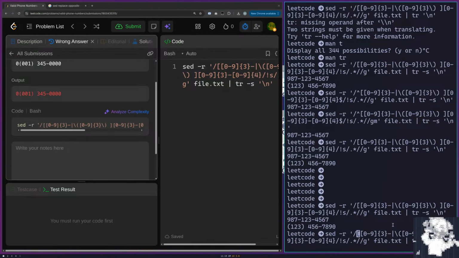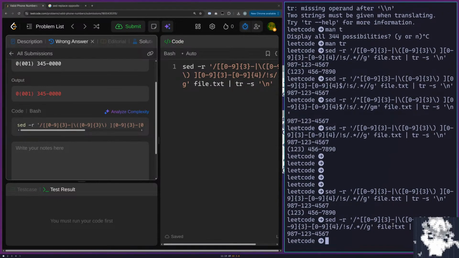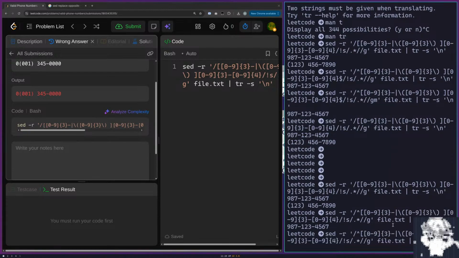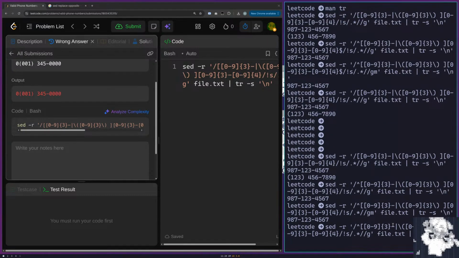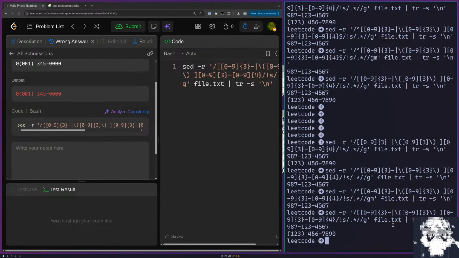So if I say it starts here, then I'm losing the 1, 2, 3. If I say this is multi-line, I still lose the 1, 2, 3. So how do you say the start of a line?